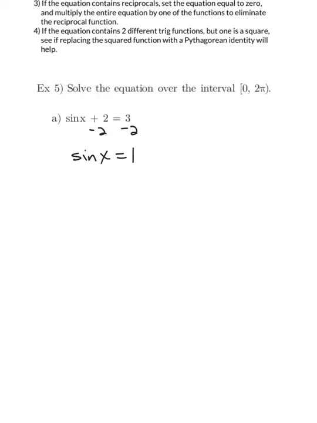So think about this. What angle has a y value of 1? There is only one of those. That happens when x equals pi over 2. So you always, for your answer, write argument equals and then the angle measure.